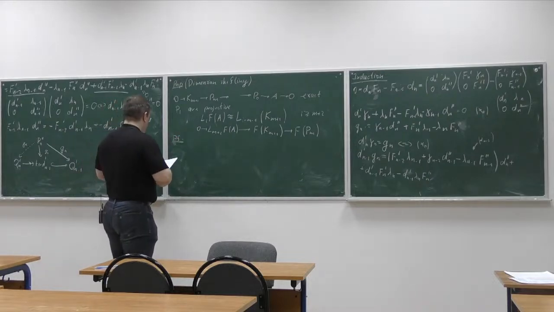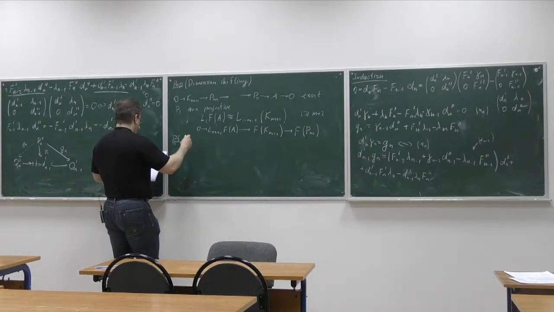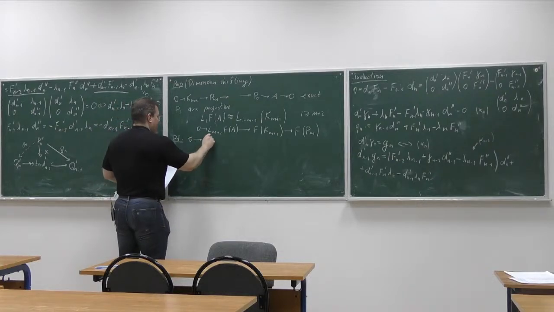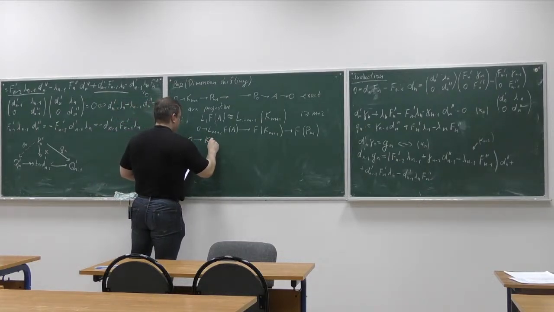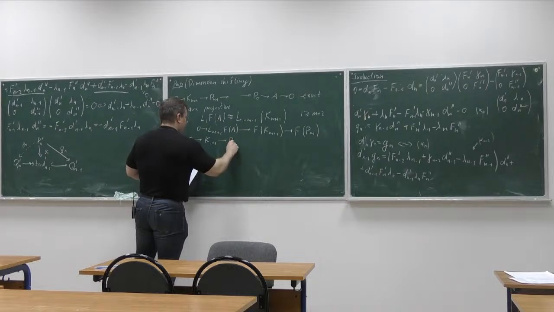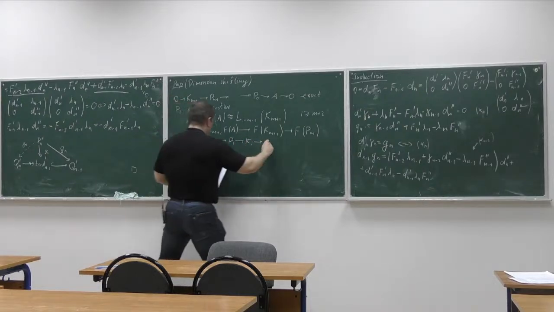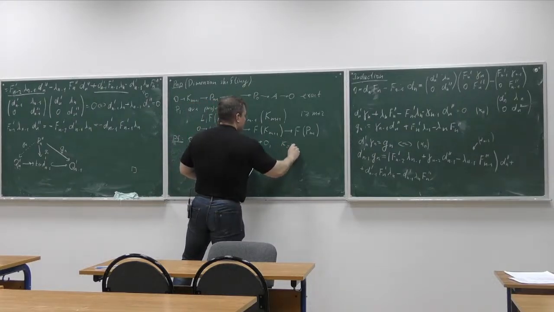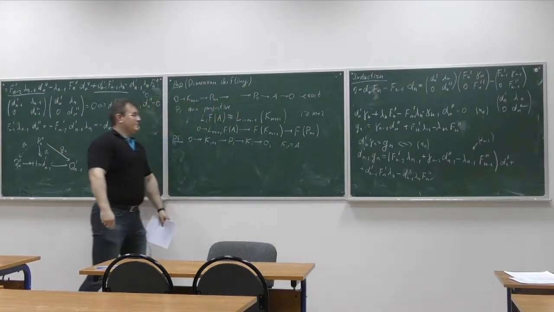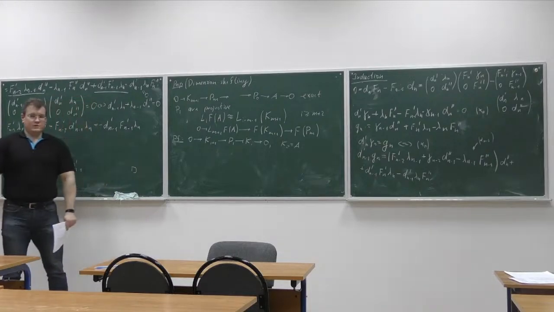Okay, proof. Well, we have the following short exact sequences, starting with K_0 being equal to A. And this is just more or less definitions of the syzygy.